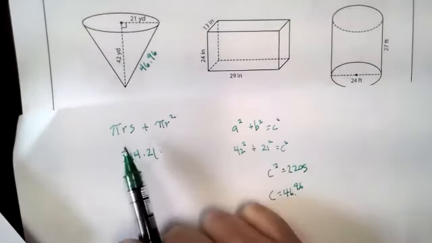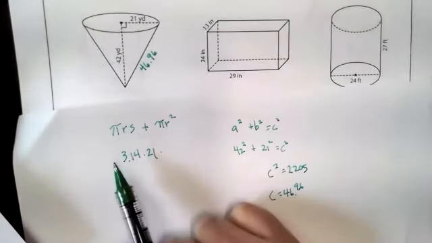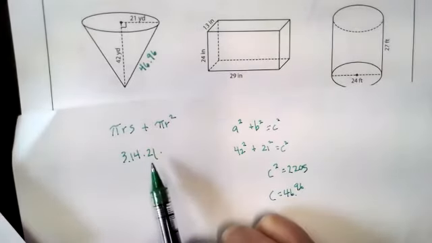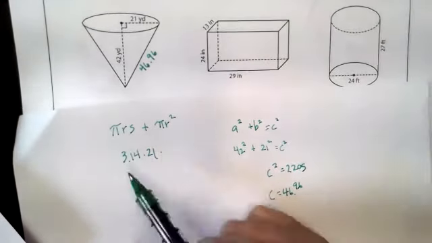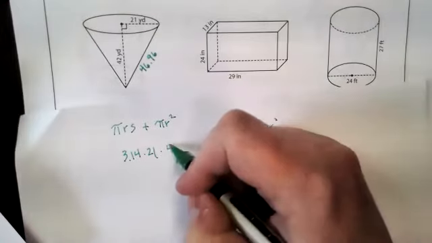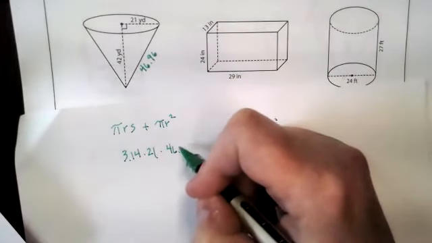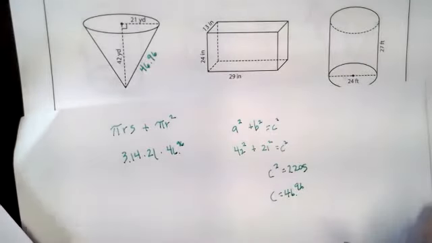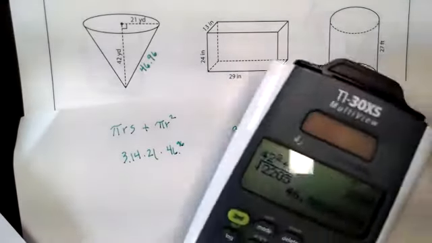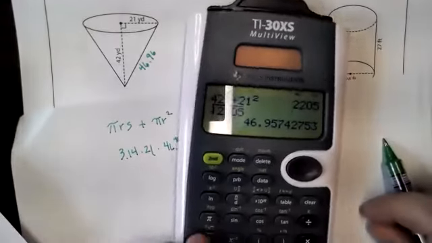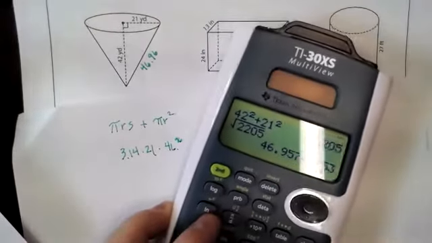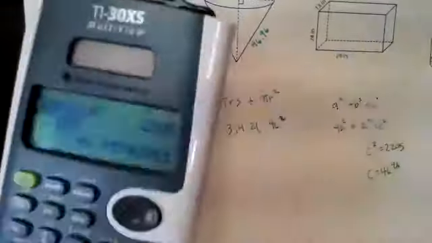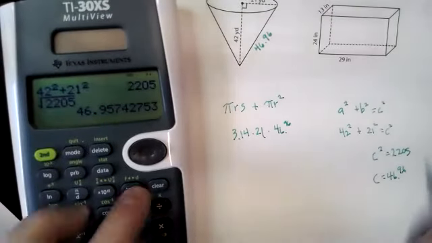Let's come back to our original equation. We've got pi, we've got the radius is 21 times the side, which is now 46.96. And I'm going to calculate that portion out first, and then we'll do the round. Make sure you can see this here. Let me move this over. All right.